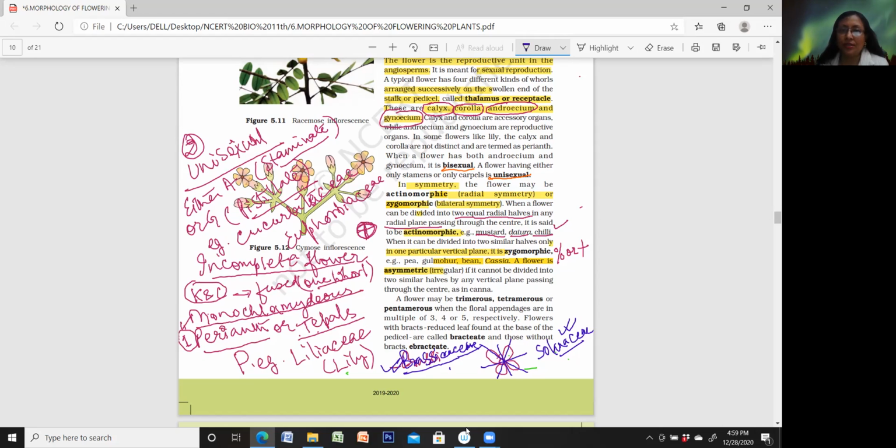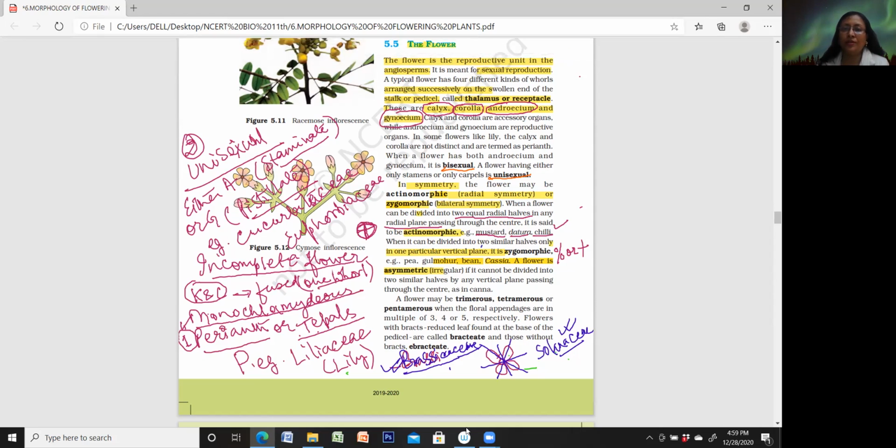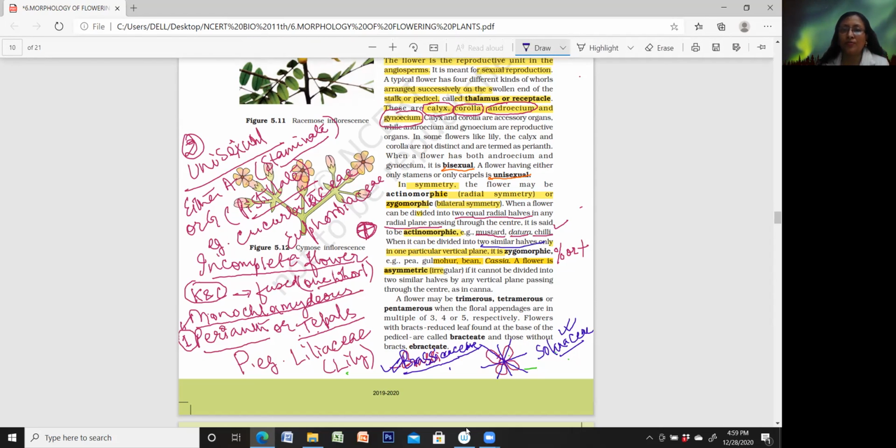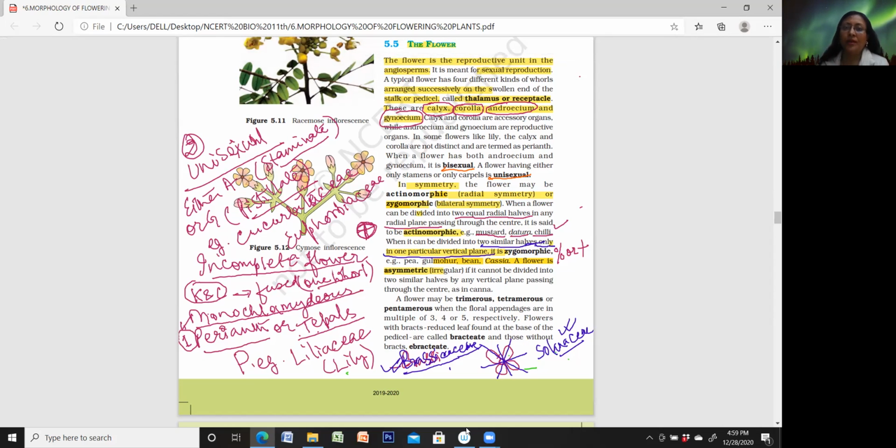Now, the next one, which is zygomorphic, where the flower can be divided into equal or similar halves, but only in one particular vertical plane. As it is given here, it can be cut into equal halves, but only in one plane. This is zygomorphic, and the examples given, as you know, are pea, gulmohar, bean, and cassia.